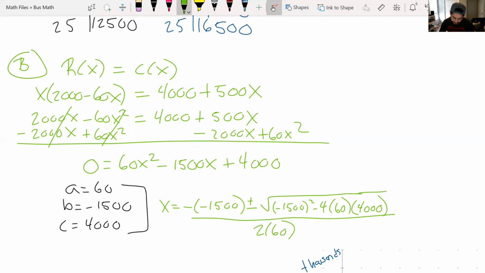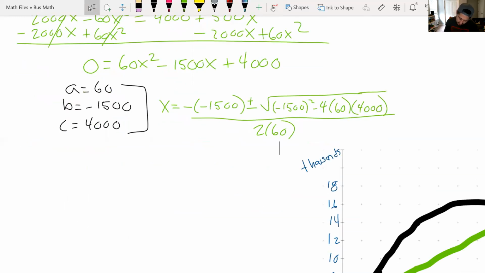Woo! Okay. So still going, clean it up a bit. X equals positive 1,500 plus or minus, and I'm gonna go to my calculator.